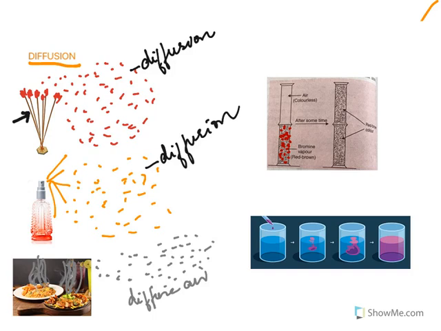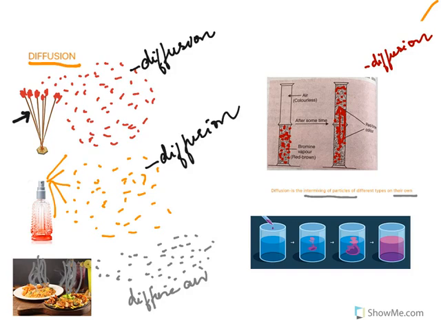After some time, you notice that the brown color from the bromine vapor has also spread into the other jar, and both the jars become brown in color. Again, what has happened here? Diffusion has taken place. So now we define diffusion: diffusion is the intermixing of particles of different substances on their own.